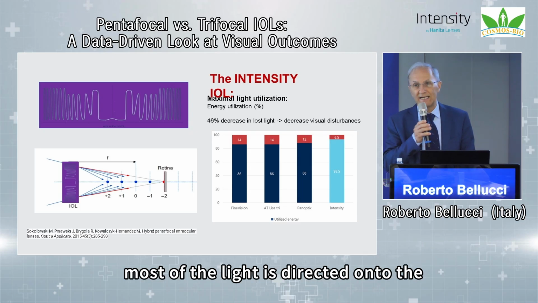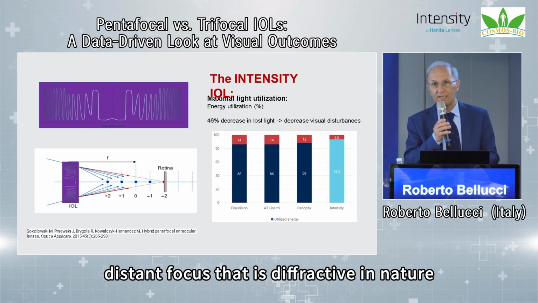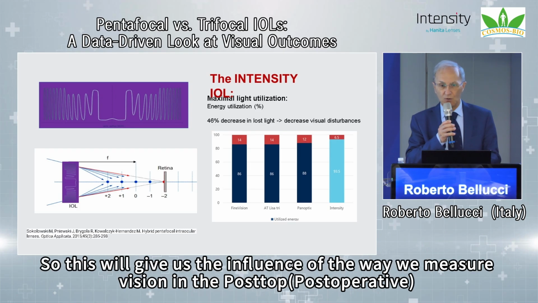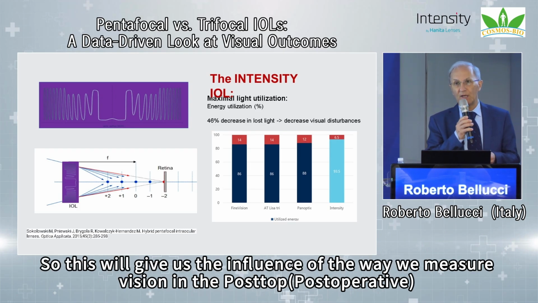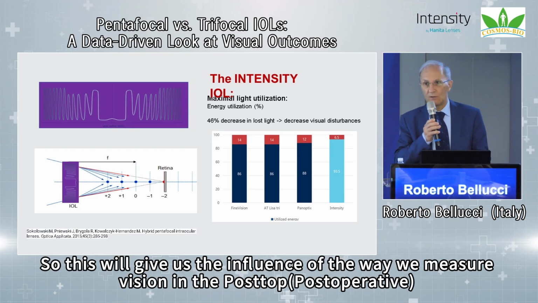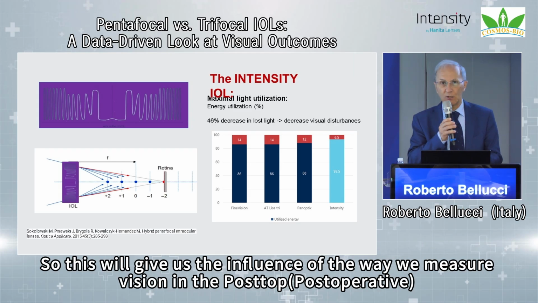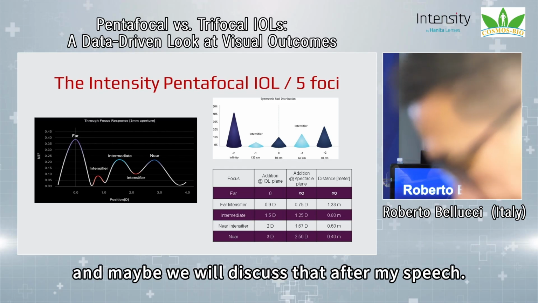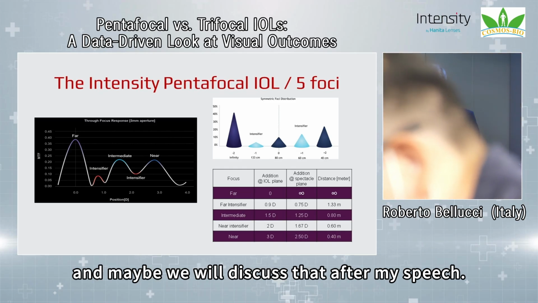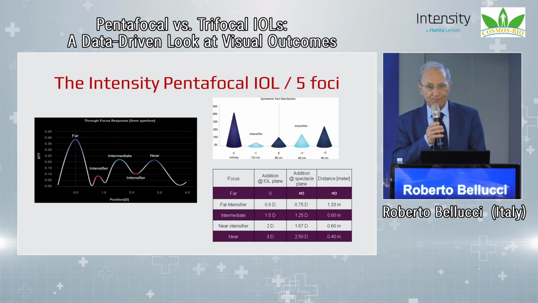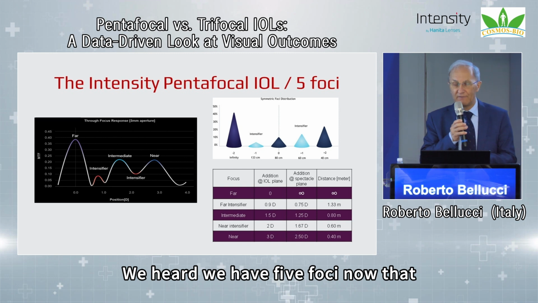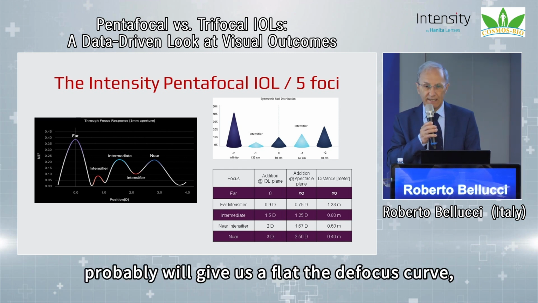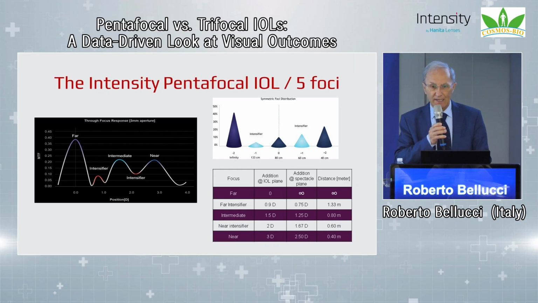However, most of the light is directed onto the distant focus, which is diffractive in nature. So this will influence the way we measure vision post-op, and maybe we will discuss that after my speech. We heard we have 5 foci now, which probably will give us a flat defocus curve.